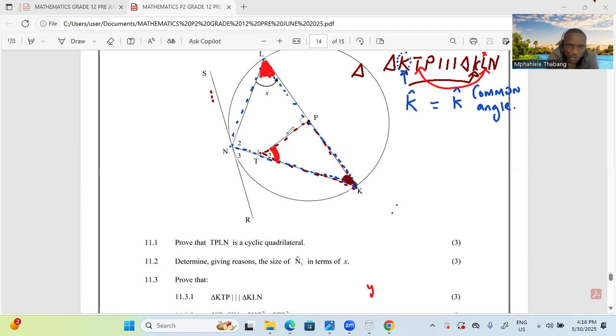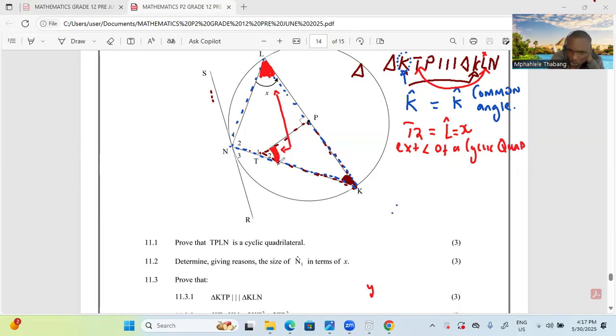And I already told you that these two angles are actually equal. So this T in triangle KTP is T2. So T2 is equal to angle L. They are all equal to X. What is our reason here? Exterior angle of a cyclic quad.